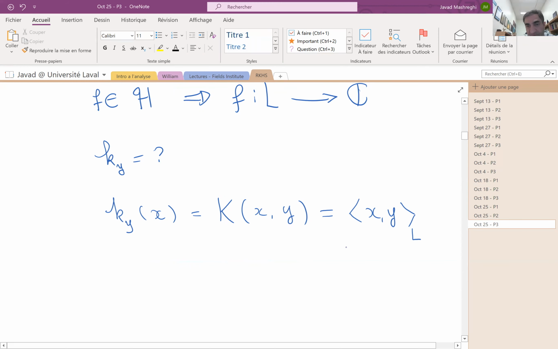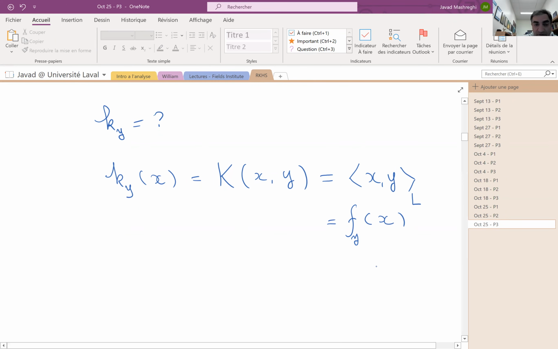And this is precisely the inner function, the linear function created by y at point x. So K_y is equal to f_y, which belongs to, we can denote it by L star, for any y.